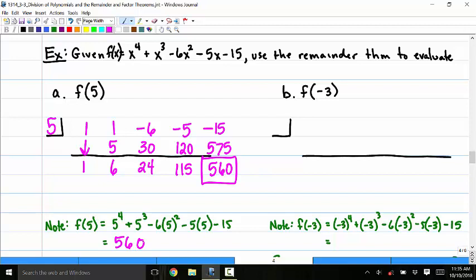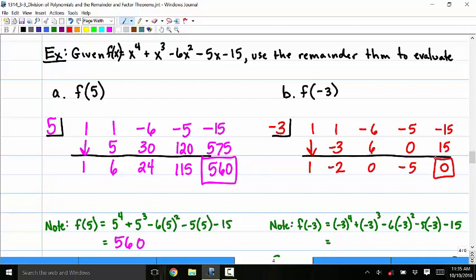Same polynomial. What is f of negative 3? So I'm going to do negative 3, 1, 1, negative 6, negative 5, negative 15. Drop it down. 1 times negative 3, negative 2 times negative 3, 0 times negative 3, negative 5 times negative 3.